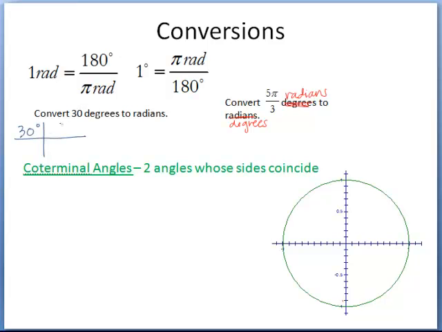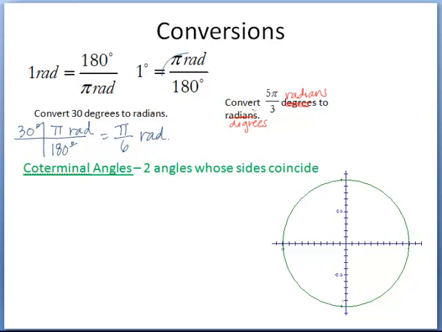Since we're converting degrees to radians, we need the degrees in the denominator, so we use pi radians over 180 degrees. Now we can cancel degrees and we're left with radians. So we just multiply 30 times pi divided by 180. You see that 30 degrees is equivalent to pi over 6 radians.